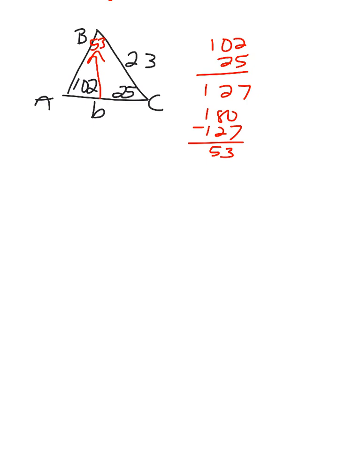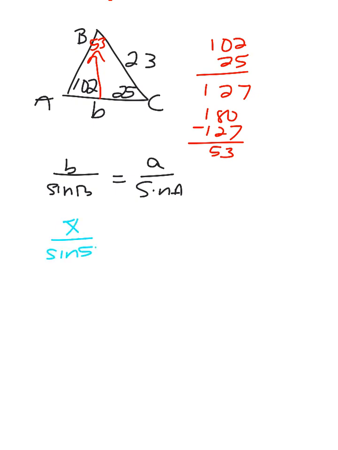Now I can use law of sines here. Law of sines would be B over sine B equals A over sine A. So it would be x over sine 53 equals 23 over sine of 102.